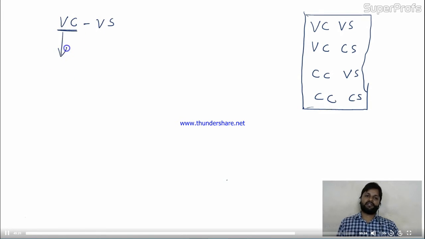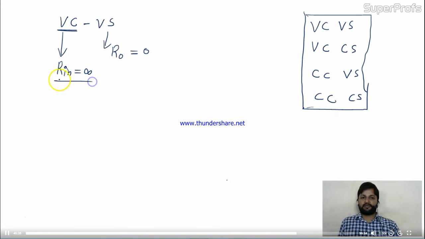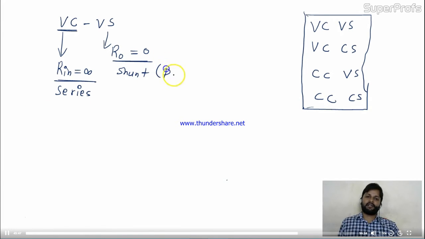At the input stage, definitely R in is equal to infinity, and for the voltage source, R output is equal to 0. Earlier I told you that when R is going to increase, we call it series. When R is going to decrease, we call it shunt. Shunt means parallel combination. Is it okay?